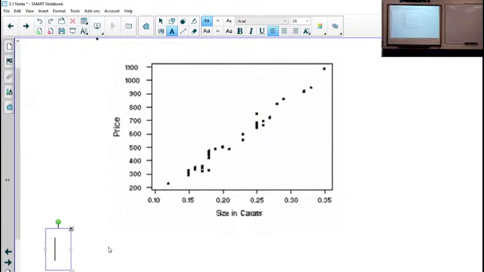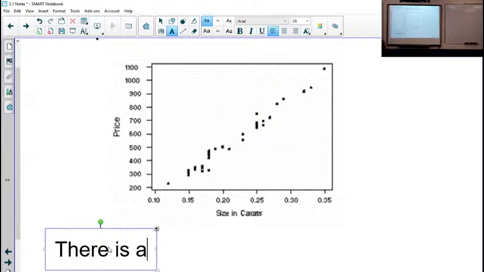And so usually I go in the order of strength, direction, and form. So my sentence will be, there is a, so is this a fairly strong or fairly weak association here? That's fairly strong.